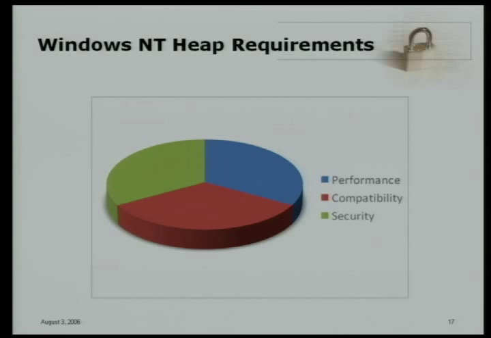On the other side, we have security, where it's not about vulnerabilities in the heap management, but about vulnerabilities that other components or applications running on Windows may expose, and how we can mitigate the effect of those vulnerabilities. Also very important is compatibility.